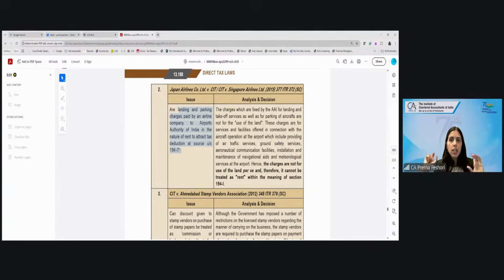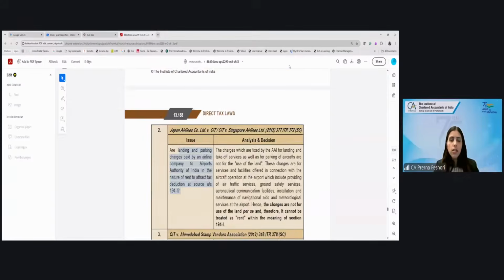Again, these are for providing a combined facility for landing the aircraft, which includes the air traffic service, ground safety, communication, installation, all of that. These are not for only the use of the land. The land use is just incidental. So in this particular case, there will not be any TDS attracted under 194I.